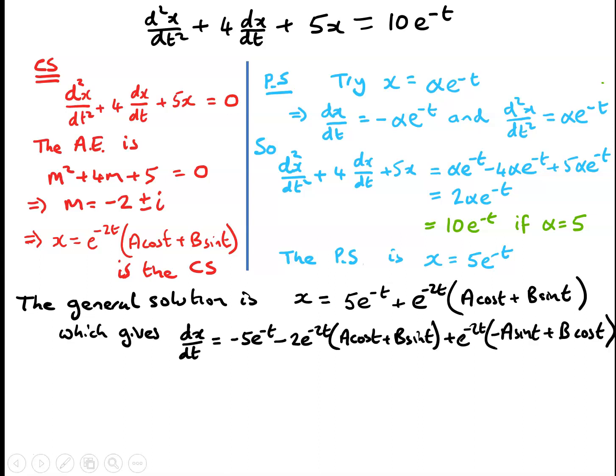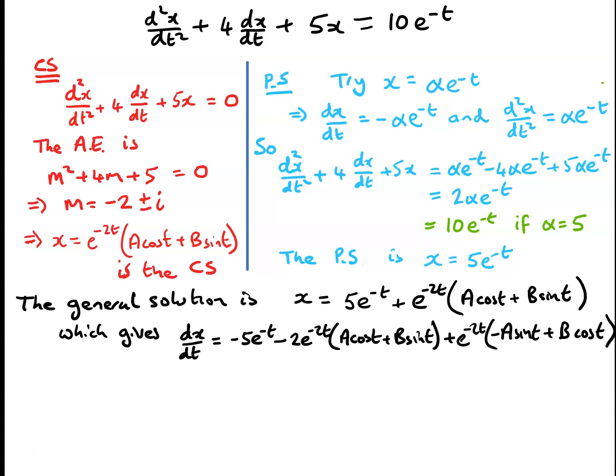Differentiating the expression for x gives me dx/dt equals -5e^(-t), take away 2e^(-2t) times (a cos t + b sin t), add e^(-2t) times (-a sin t + b cos t).